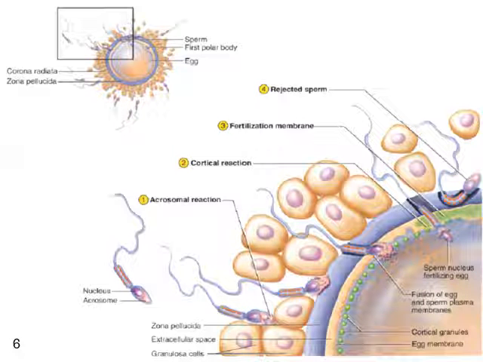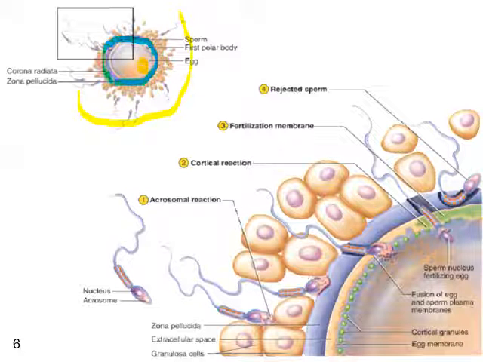This slide cartoons the process of fertilization. So up here is a cartoon of an oocyte surrounded by a zona pellucida, so itself surrounded by a corona radiata of granulosa cells.